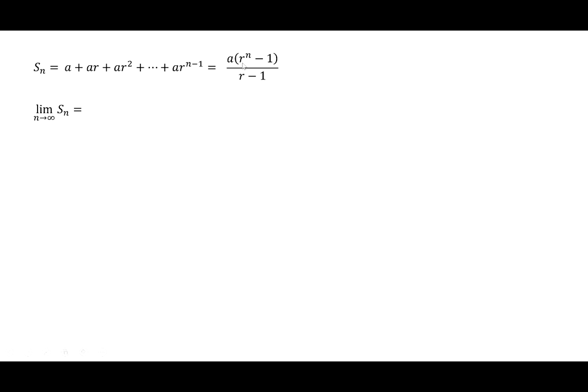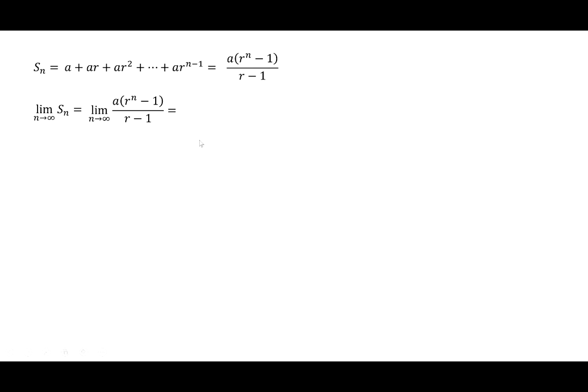When absolute value of r is less than 1, let me repeat that, when absolute value of r is less than 1, that is, r lies between -1 and 1, the limit of r to the n is just 0. Every other case, it's something else. So let's not worry about any other case. We'll just worry about the case where r happens to be between -1 and +1, not including -1 and +1.